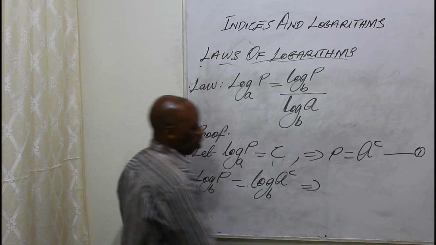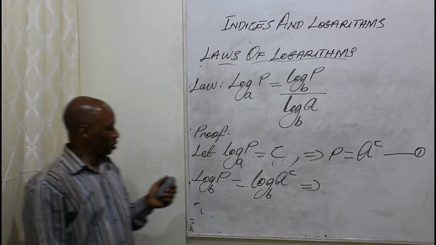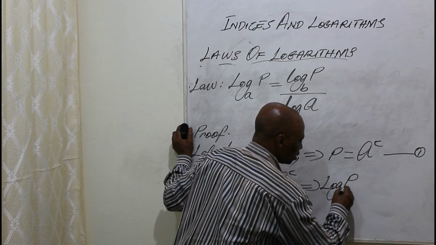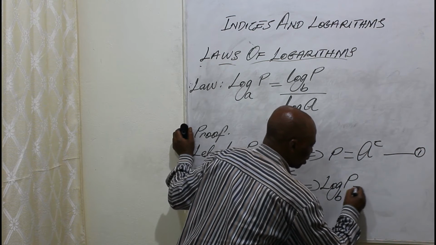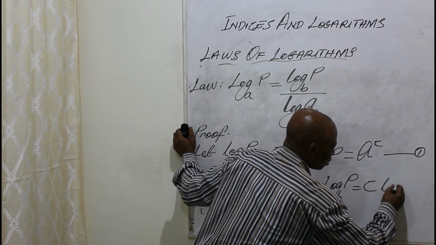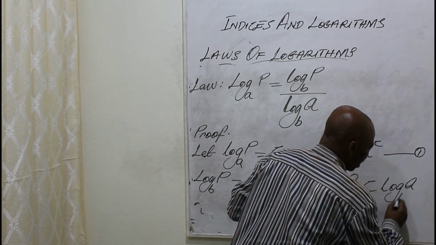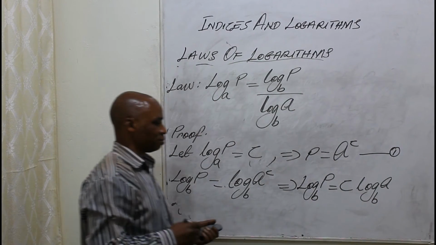Then from the first law of logarithms, we will end up getting log p to base b equal to c log a to base b.